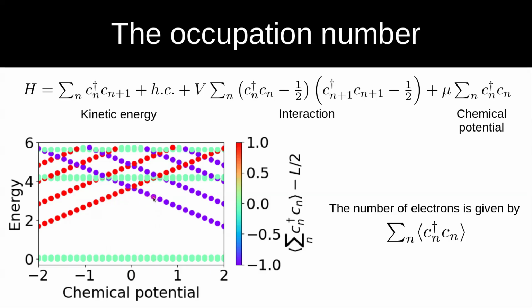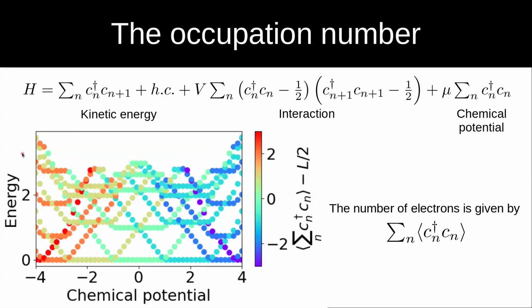So this excited state has one less electron than the ground state, and this excited state has one more electron than the ground state. What this actually means is that when you put a positive chemical potential, effectively it is easier to remove one electron, and when you put a negative chemical potential, it is easier to add one electron.